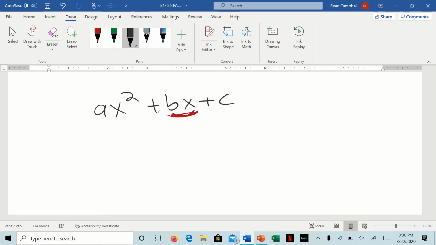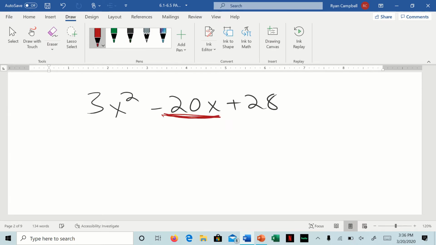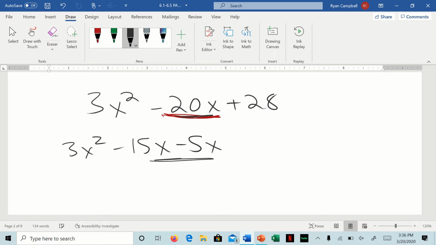So for instance, if we go back to the example we keep talking about, right? If we have 3x squared minus 20x plus 28, how can we split negative 20x so that we get something that's good and factorable? Are we going to do it as 3x squared minus 15x minus 5x, because when you add these two together you get negative 20?